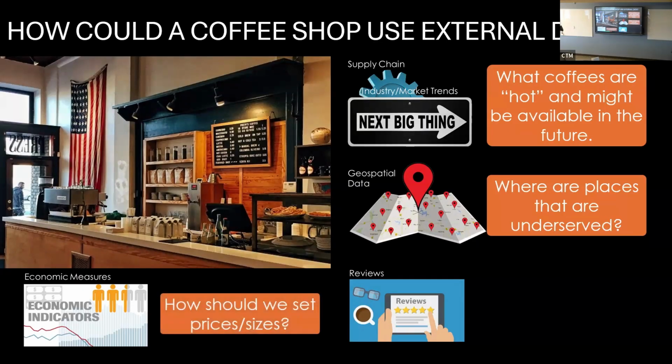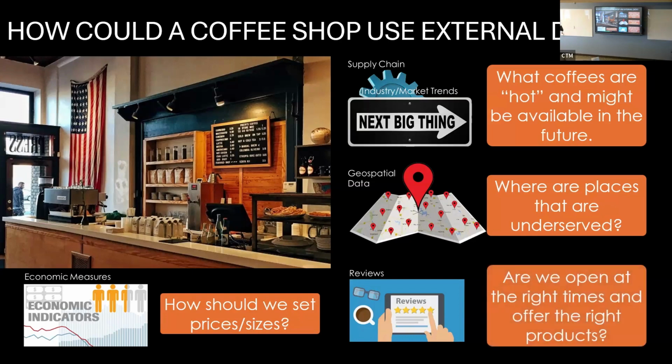They can also use economic measures to decide how to price their drinks and portion sizes in a way that matches the local economy and customer spending habits. Customer reviews from platforms like Google or Yelp give direct feedback on whether the shop's hours, menu, and service are meeting customer needs, or if adjustments are needed. By pulling all of this external data together, the coffee shop can not only serve great coffee, but also make well-informed decisions that boost customer satisfaction and profitability.